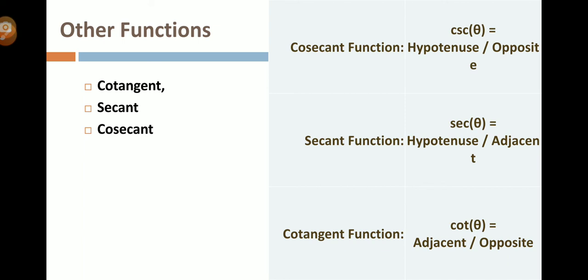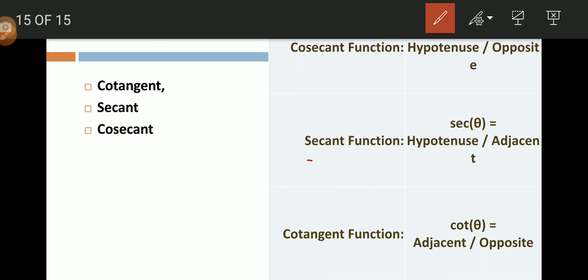Cosecant is hypotenuse divided by opposite, exactly the reciprocal of the sine function, which is opposite divided by hypotenuse. The secant function is hypotenuse divided by adjacent, the reciprocal of the cosine function, which is adjacent by hypotenuse.